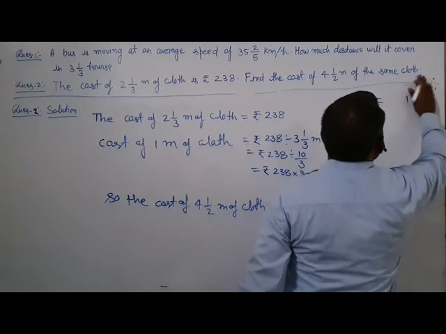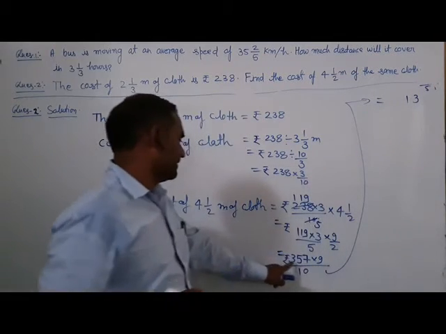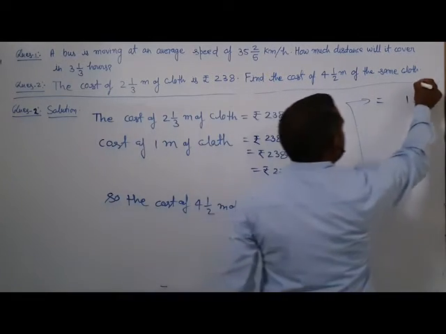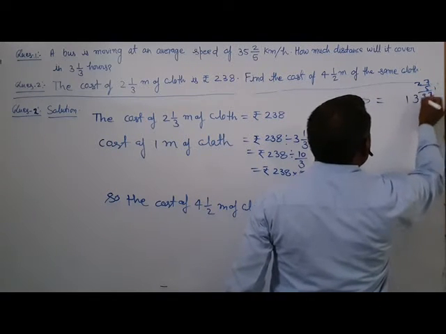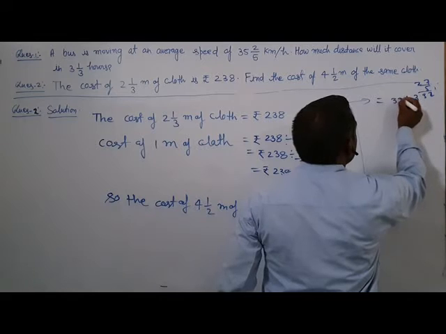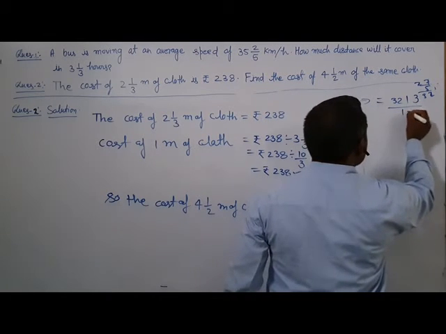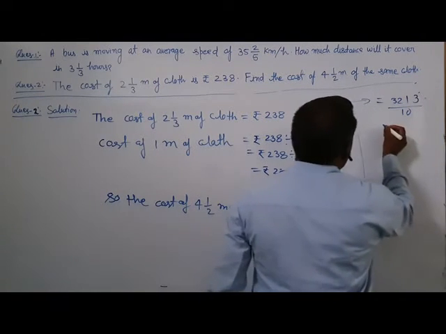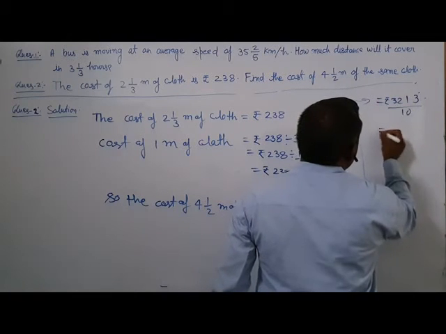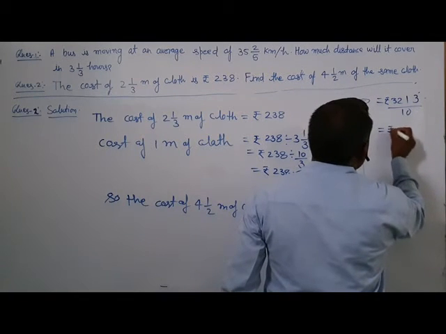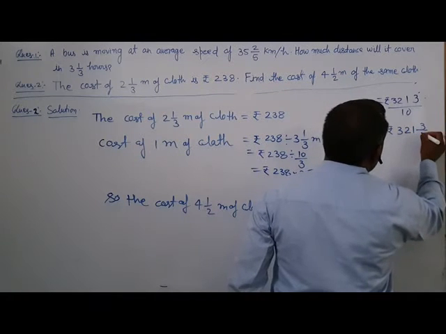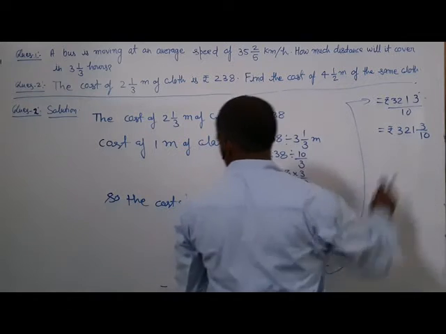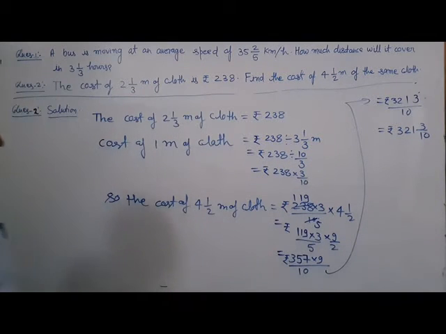So carry is 5. 9 3s are 27. Now you have to divide by 10. This will be the cost of 4 1/2 meter of cloth.